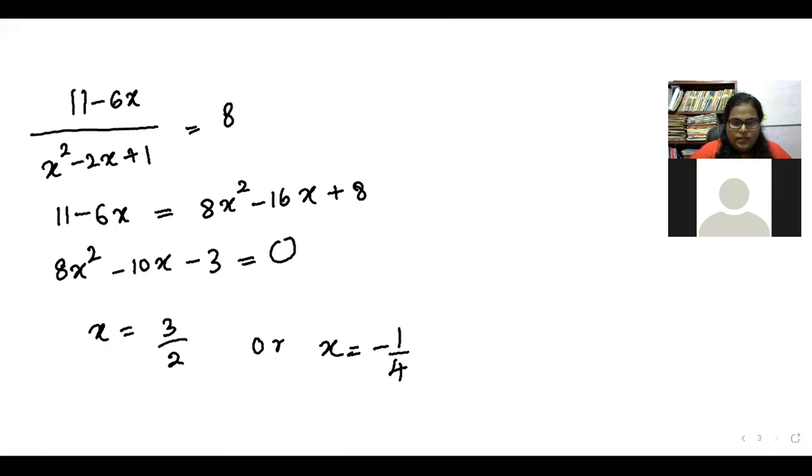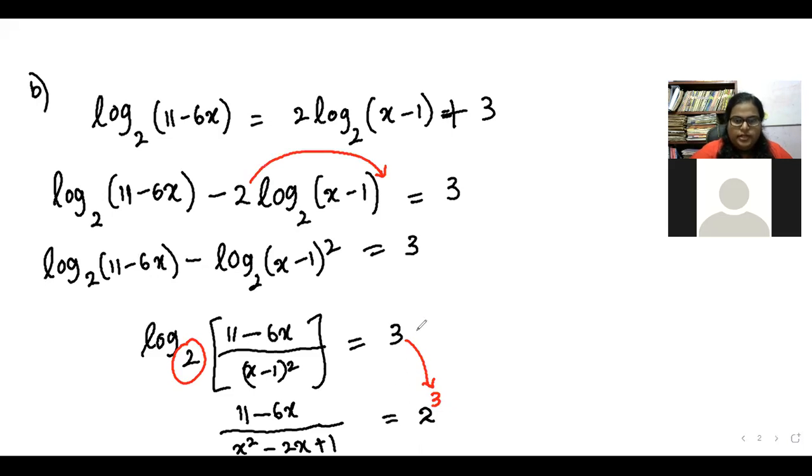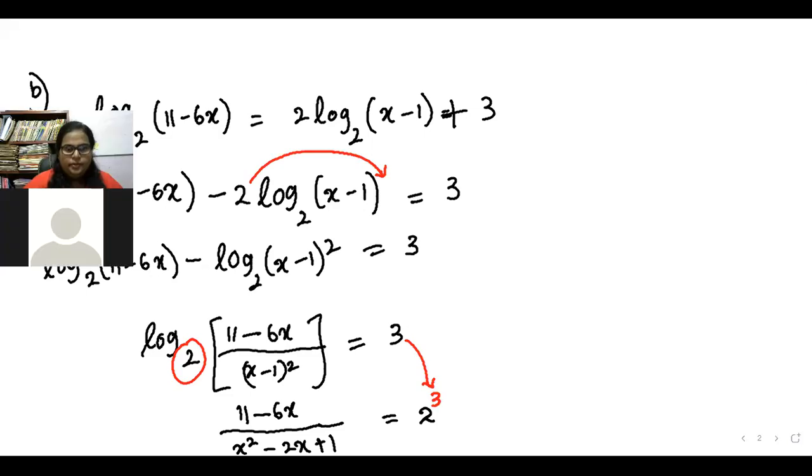All right, Sajita. Sajita is asking how to convert this log form, right? I will take a very simple one for this case.